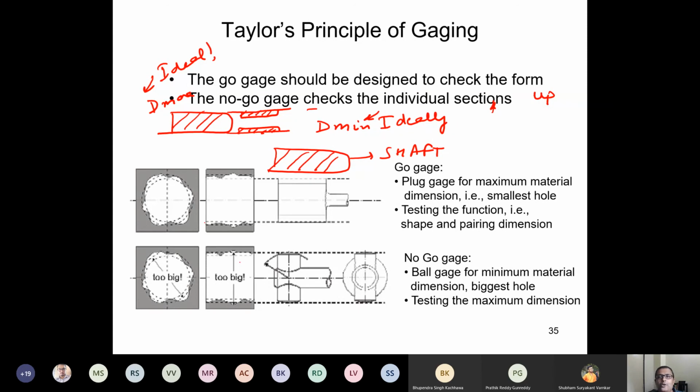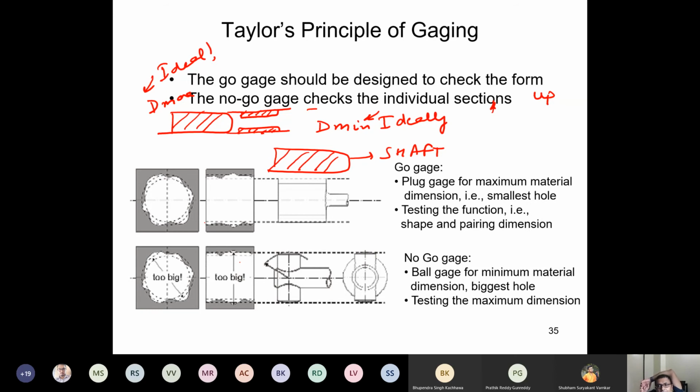Now, can somebody tell me how you would measure a shaft? What will be a good way to measure a shaft? How would I measure a shaft?